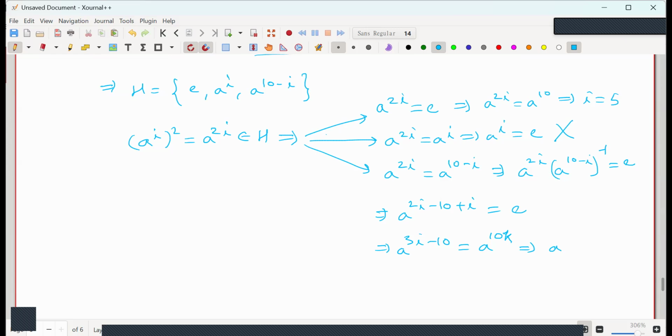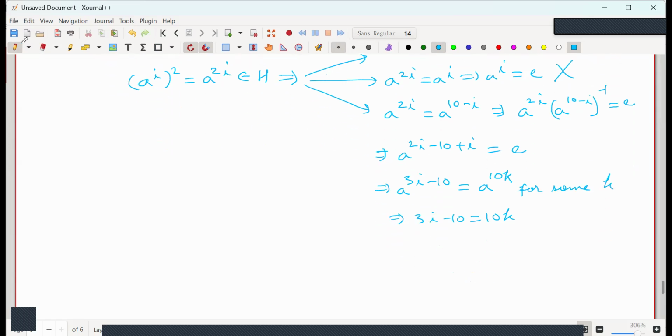So what does this mean? It means 3i minus 10 is 10 raised to k for some k, but you will see some contradiction here. So 3i is 10k plus 10, right?